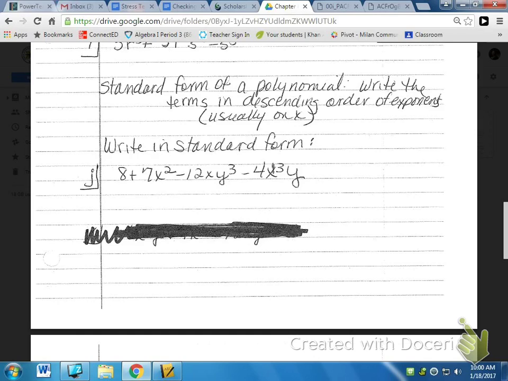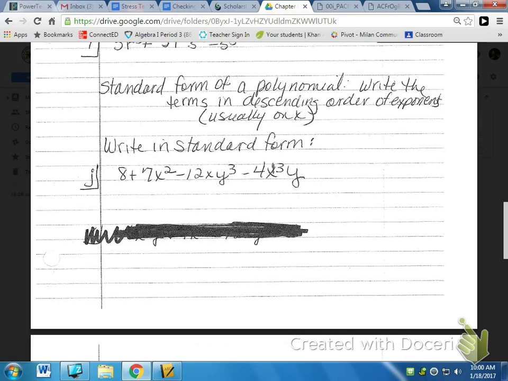If there's A's and B's and C's, you go in descending order of your A. Okay? So X's, Y's, and Z's, you go in descending order of your X's. That's just the way it is. So here's this polynomial right here, 8 plus 7x squared minus 12xy cubed minus 4x cubed y. It is definitely not in standard form, okay? And it is not a monomial, binomial, or trinomial either.